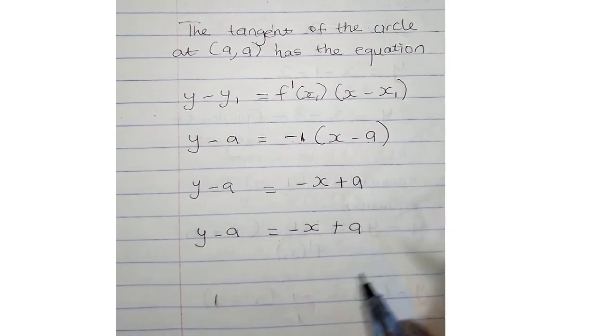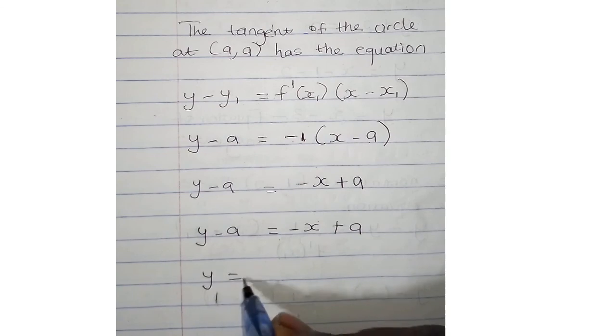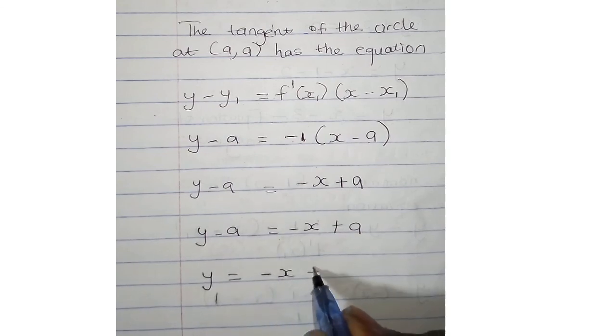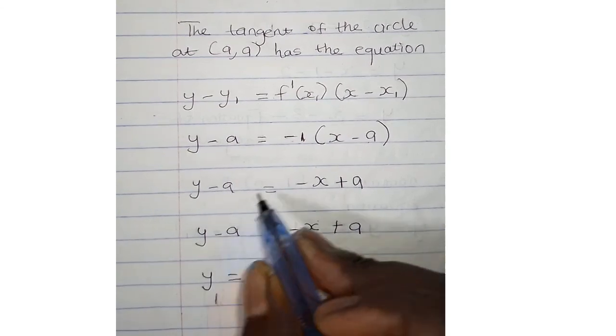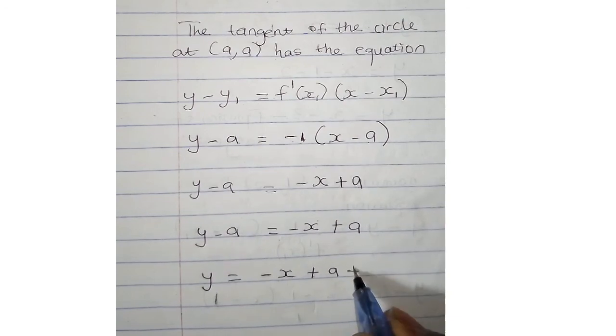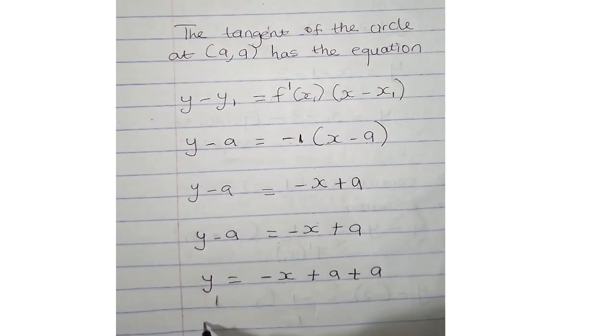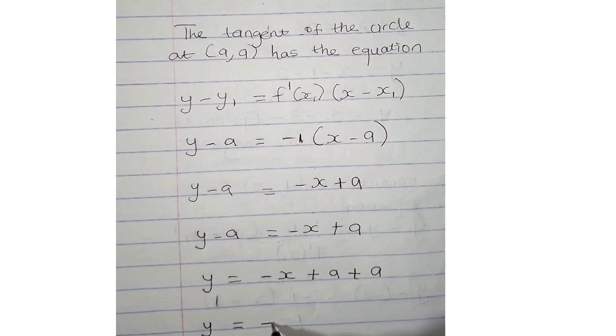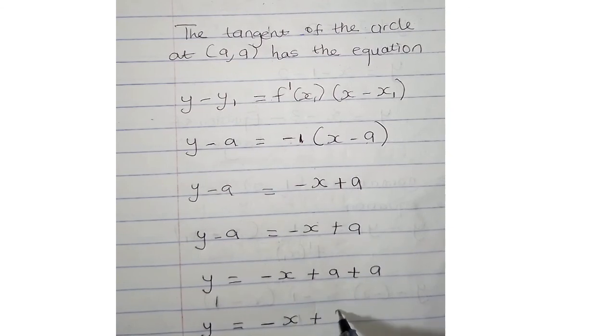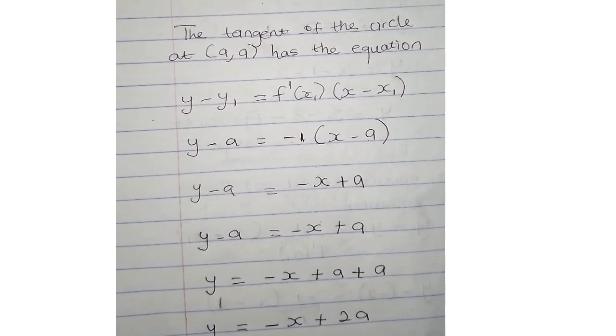So collecting like terms, y will be equal to minus x plus a, and when this crosses over, it changes to plus a. So our y will be equal to minus x plus 2a. Now this is the answer, the equation of the tangent to the circle. I really hope this video is helpful.